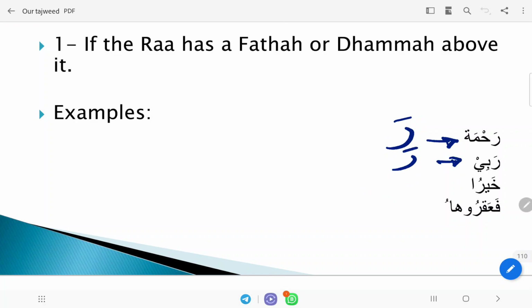Also the ra here is carrying fatha. In this word, khayran, and this is tanween with fatha. Also the ra has fatha. And in this example, فعقروها, the ra here is carrying dhamma.